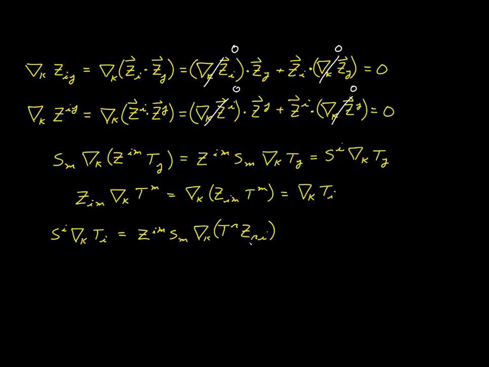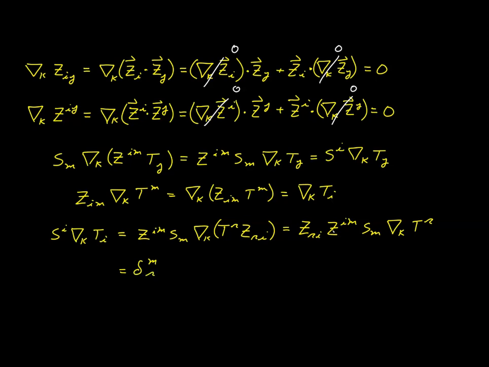Now, because of the metrinilic property, I can take this factor of Z_{ri} out of the derivative operation and bring it out front like this. So this becomes Z_{ri} times Z^{im} S_m times the covariant derivative of T^r. Well, the combination of these two factors together will simply give us a delta^m_r.